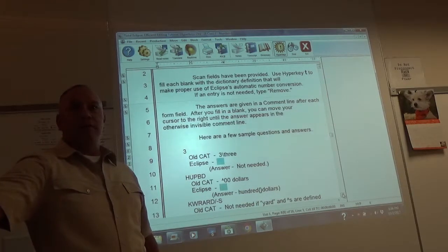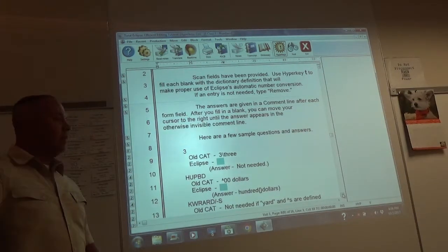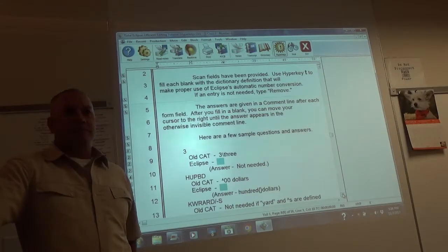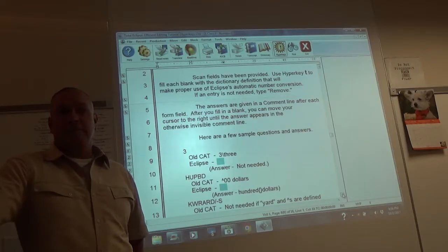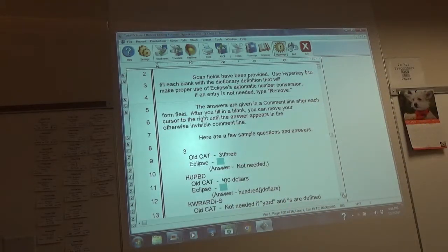Or you could put 3, just the number 3, because that's what it's defined as. You don't have to define it as anything. Does it go to the next one after you do that? Since I'm in hyperkeys, I pressed 3 and it did something else. It popped up a box.